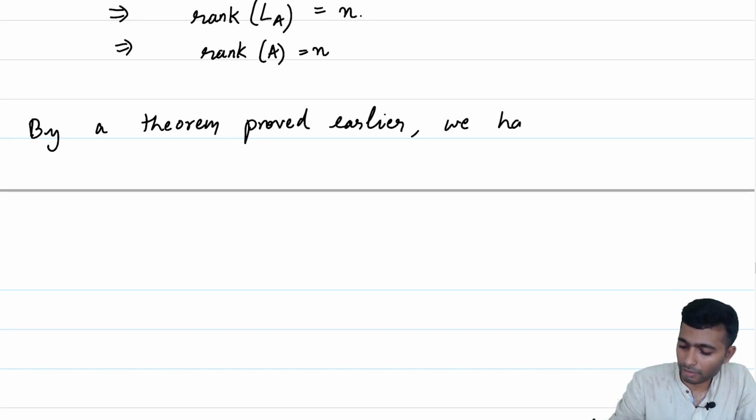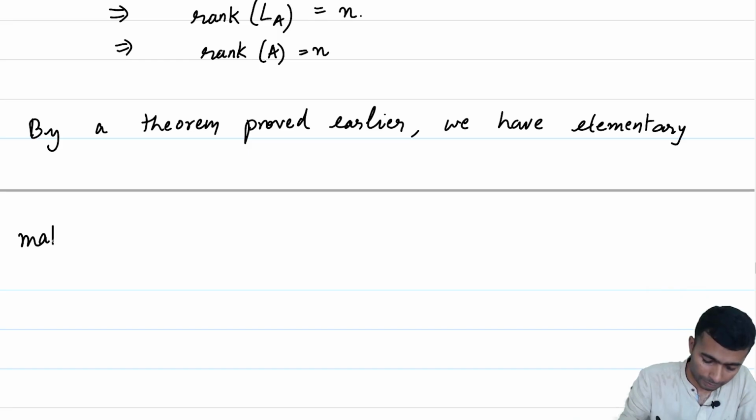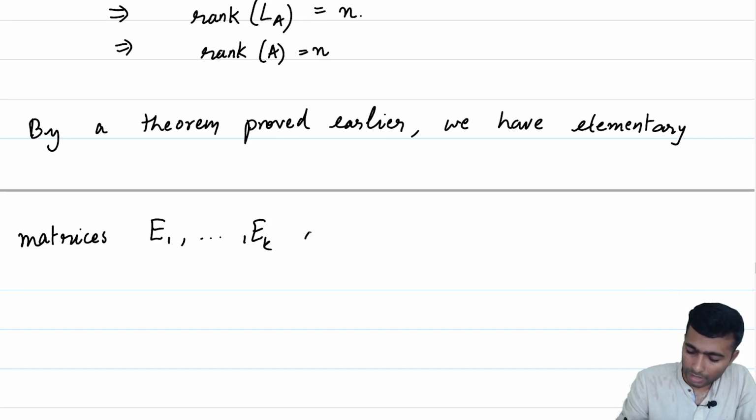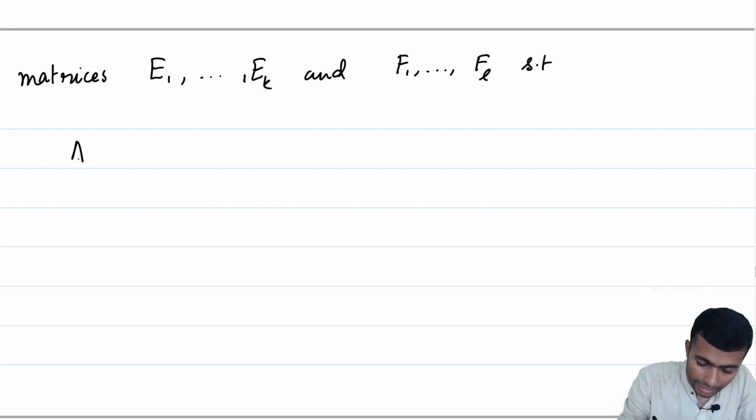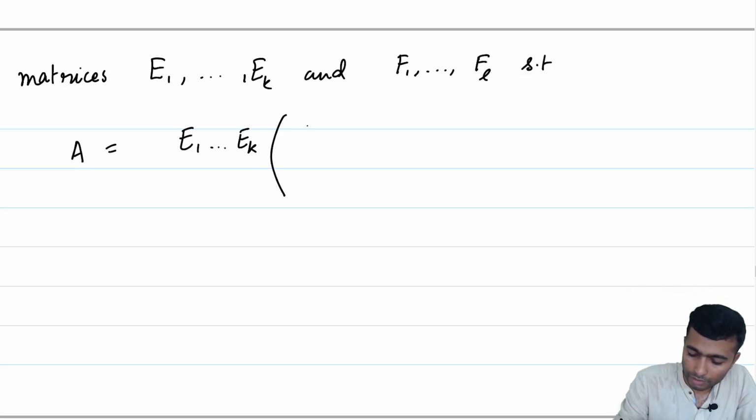We have elementary matrices E1, E2 up to Ek and F1, F2 up to Fl, such that our matrix A is equal to the product E1 to Ek times IR, which in this case is In.